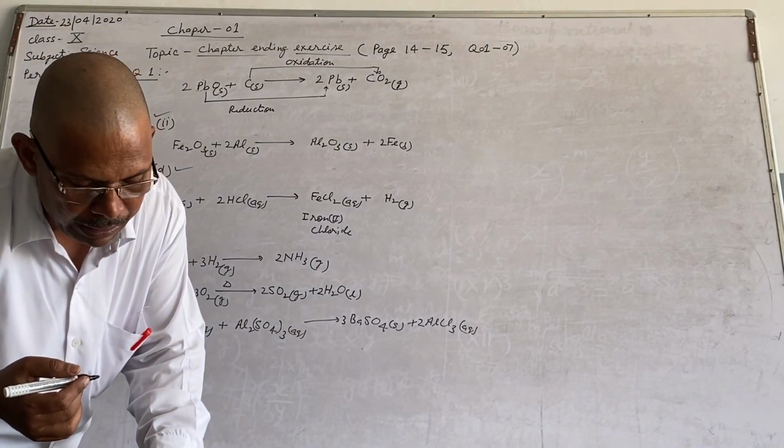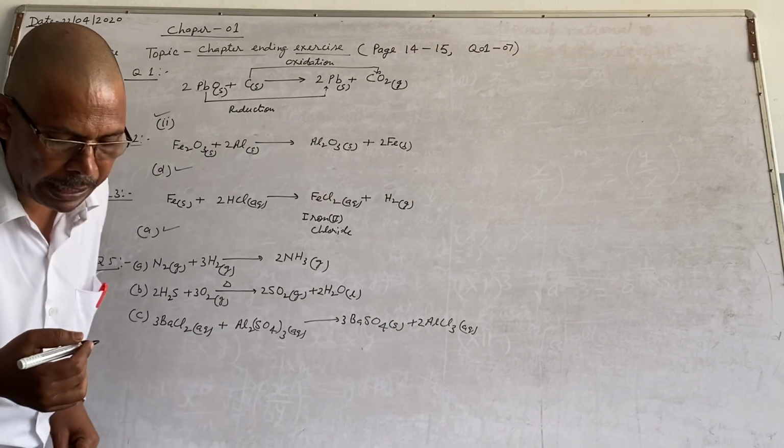Again, potassium metal reacts with water to give potassium hydroxide and hydrogen gas.